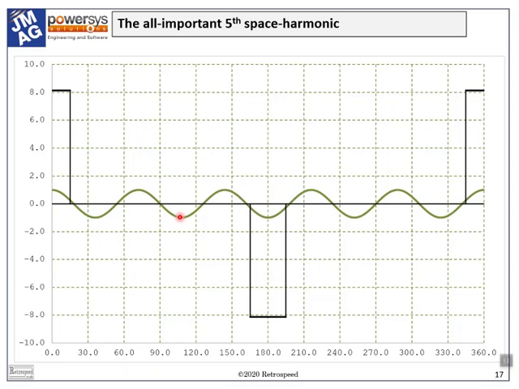Here it is. We can see that it has 10 poles, 1, 2, 3, 4, 5, 6, 7, 8, 9, 10, 5 north and 5 south, just like the magnets. Indeed, it is this harmonic component of the MMF distribution that synchronizes or locks into step with the magnets to produce torque.